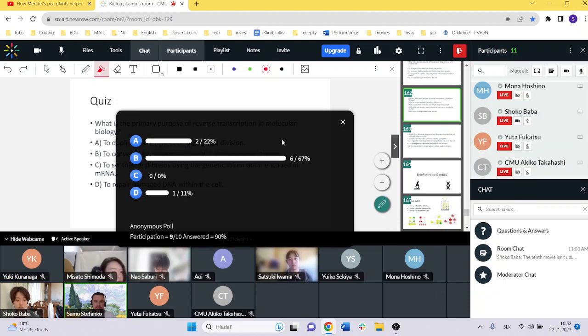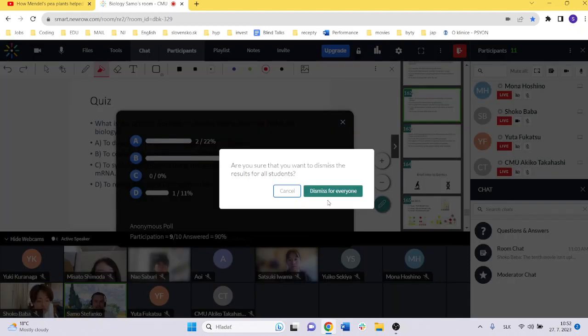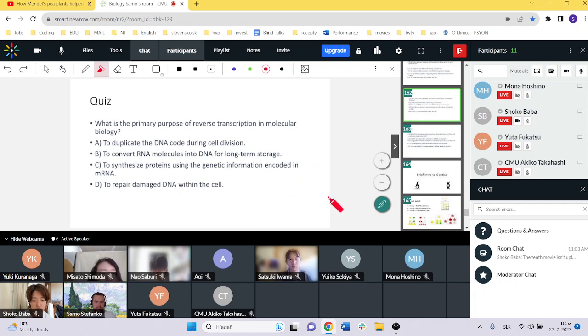Okay, here are the results, so let's discuss them. Satsuki, what have you chosen and why? I chose B because from the last question I know reverse transcription is to convert RNA into DNA. Great. So, to convert RNA molecules into DNA.